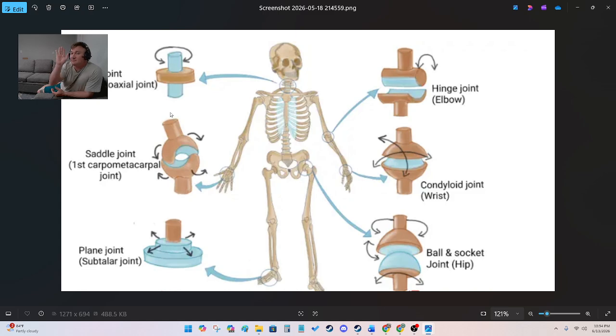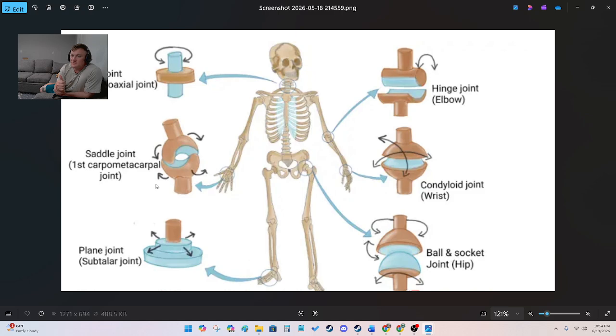It just pivots around the dens of the axis and just goes back and forth just like that. That would be a diarthrosis. Now the saddle joint is really in the fingers. Really, the thumb is a good example.